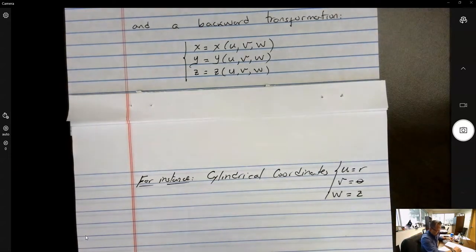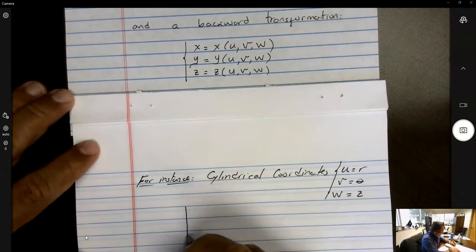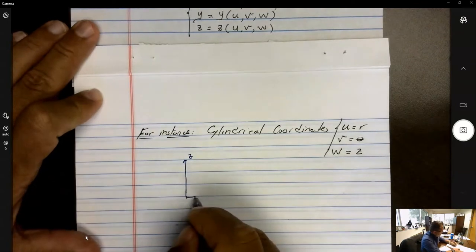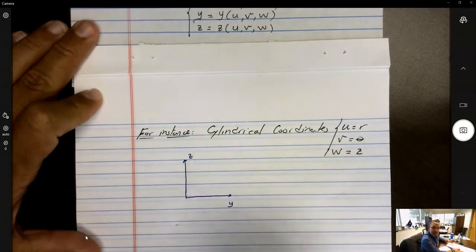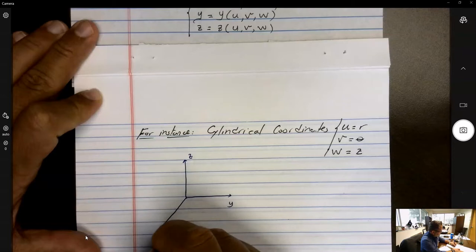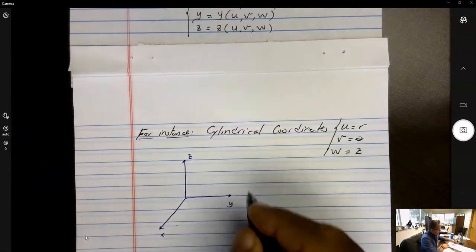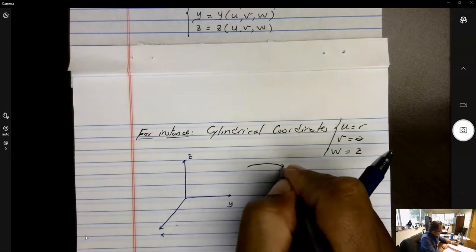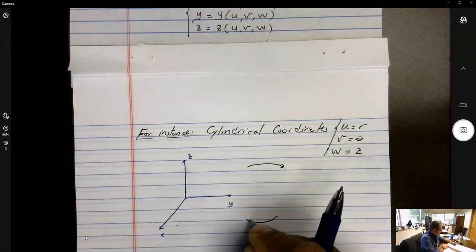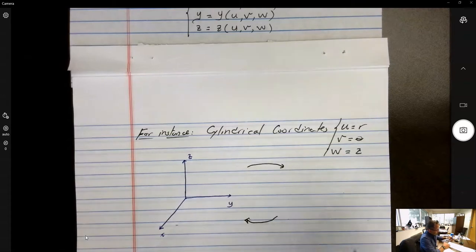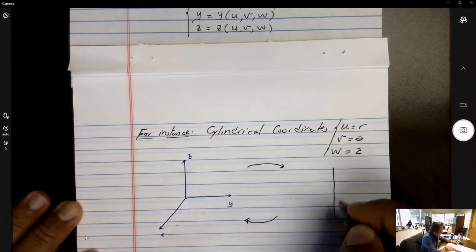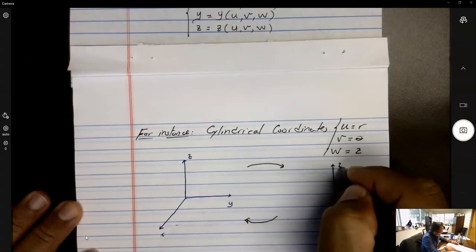And what's going to happen is that we're going to go from the Cartesian system, again x, y, z, through a forward and possibly a backward transformation to a system. Let me write down Z in this direction.